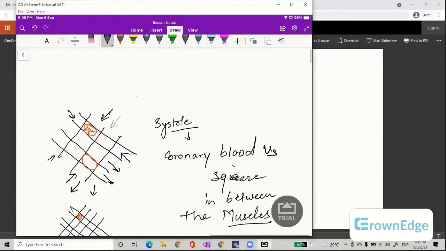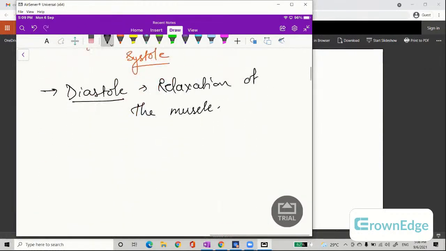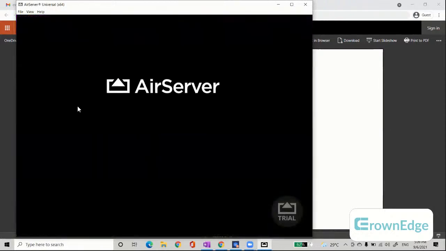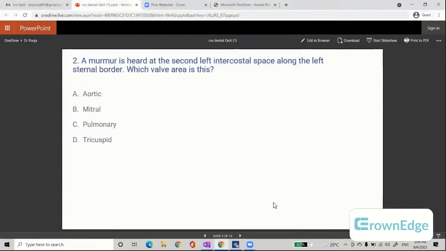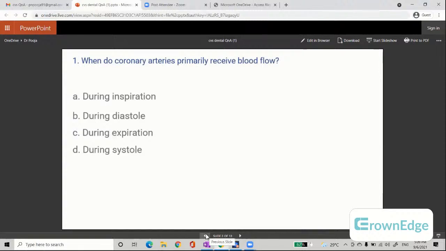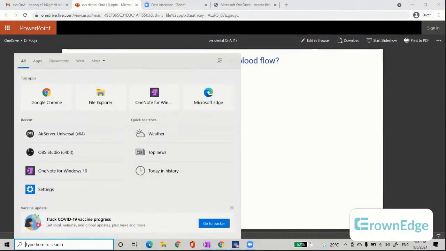If they start to relax, what will happen to the blood vessels? The blood vessels are going to dilate.